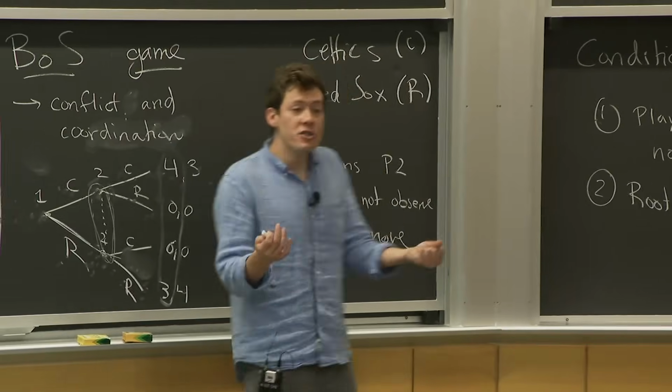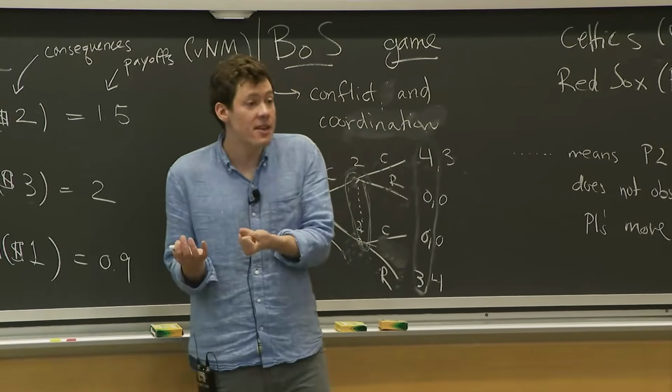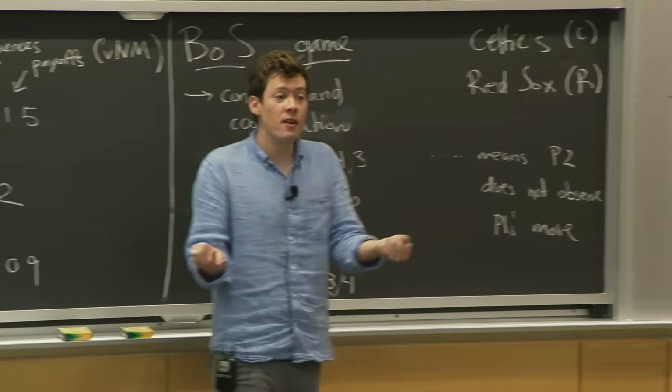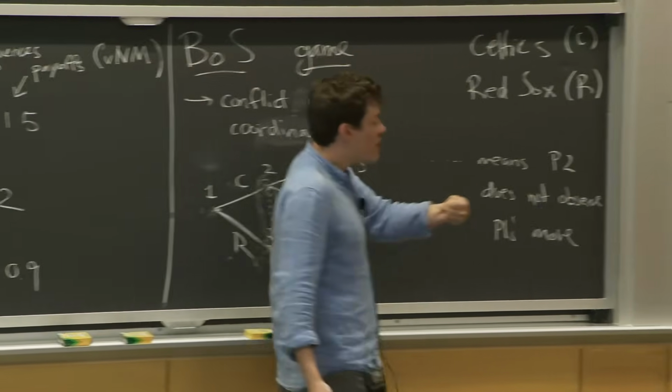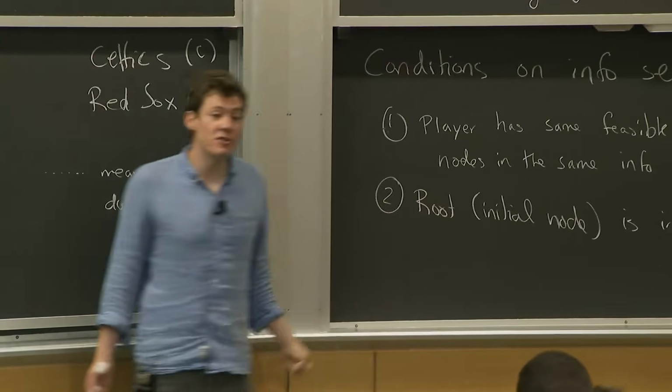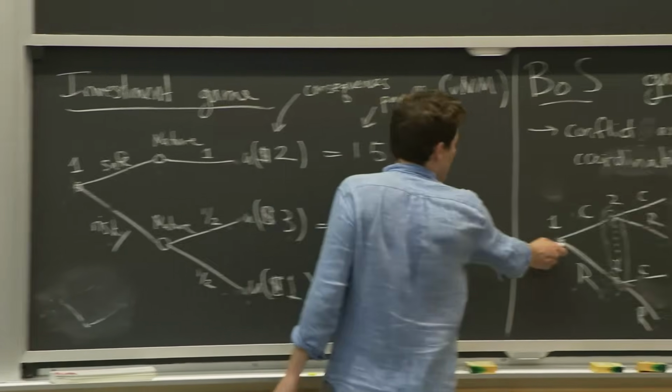So if you don't know where you start, then often the way we capture that is we say that nature is initially making a move that determines where we start. But then nature has a node that starts the game. So the root, or the initial node, must be in its own information set. And you see that that was satisfied here and here.